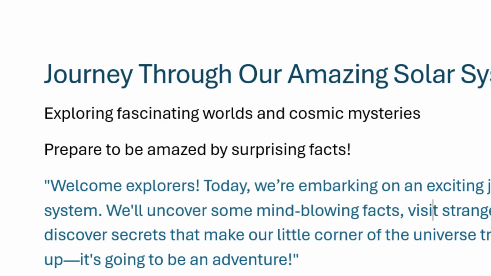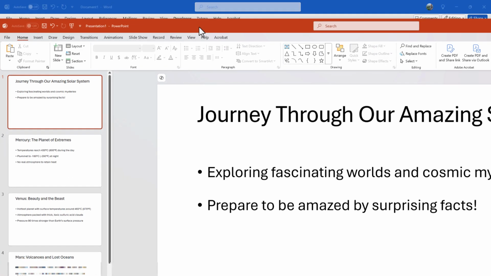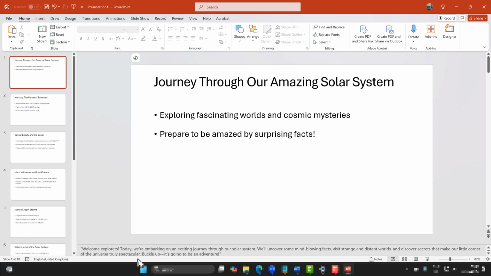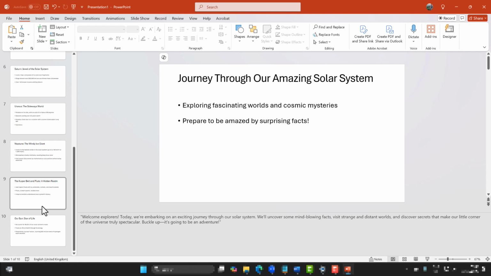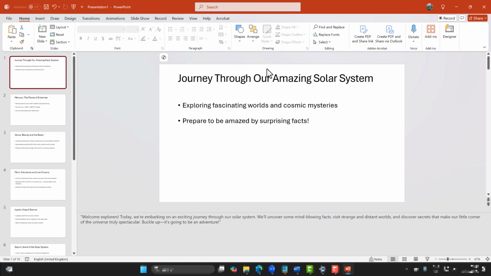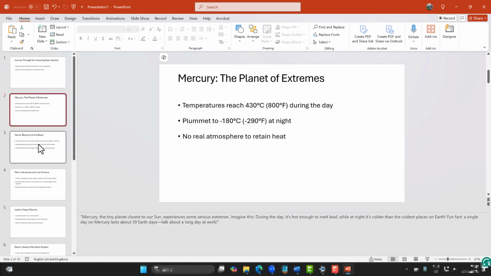Check your new PowerPoint presentation. For me, it's on my second screen here. So let's bring that over. And here we go. We have our 10 slide PowerPoint file using the blank template. And we have our slide title with the content in bullet points. And we have our all-important slide notes, all in a couple of clicks.